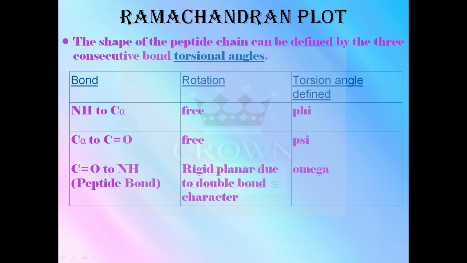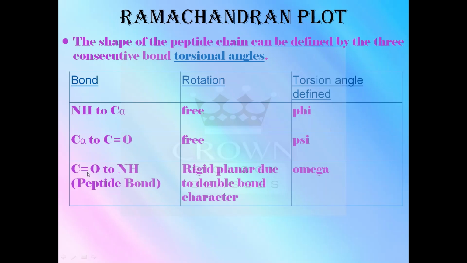The shape of the peptide chain can be defined by three consecutive bond torsional angles. The first bond is NH to C alpha. Rotation around this bond is free and the torsion angle defined is phi. The second bond is C alpha to carbonyl group. Rotation around the bond is free and the torsion angle defined is psi.